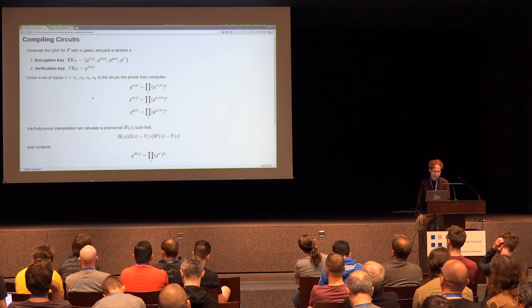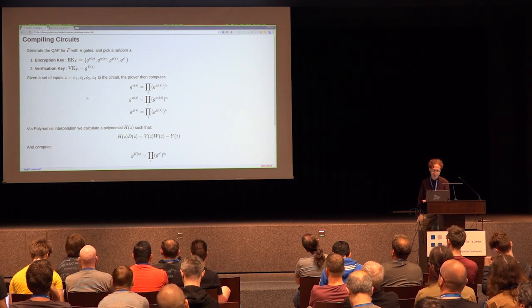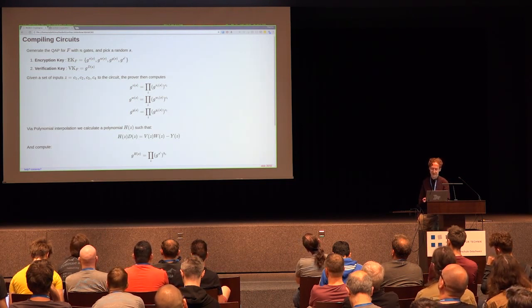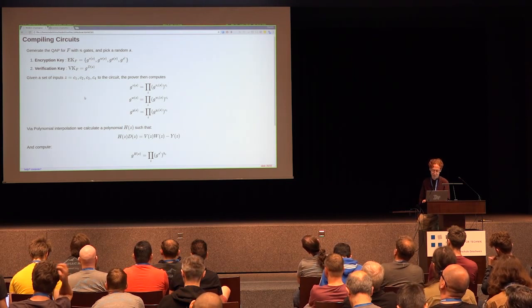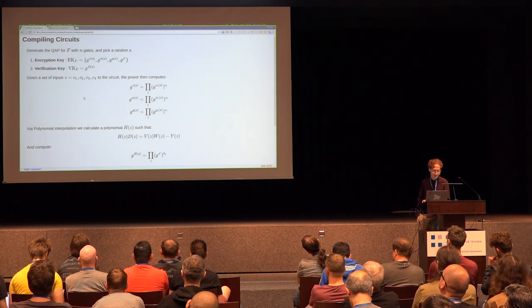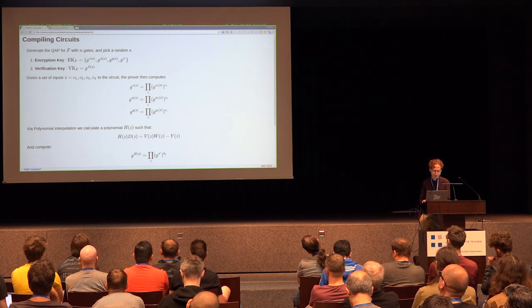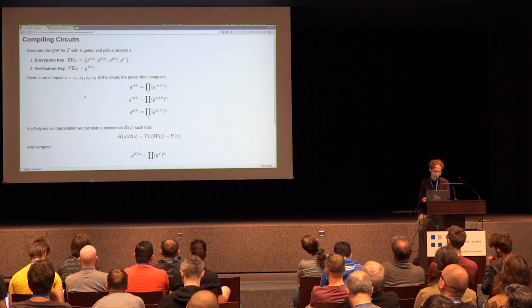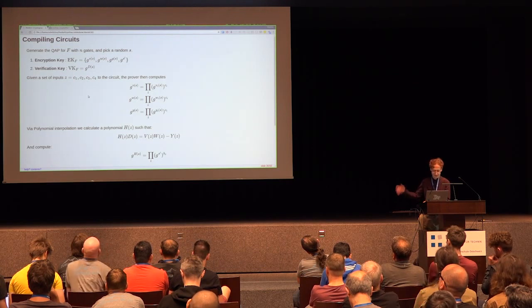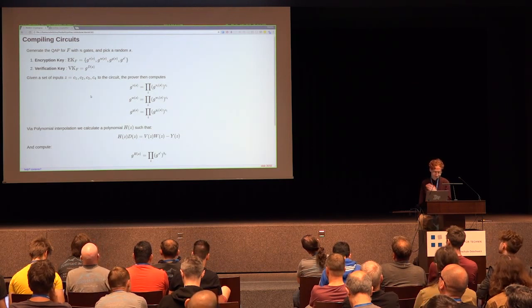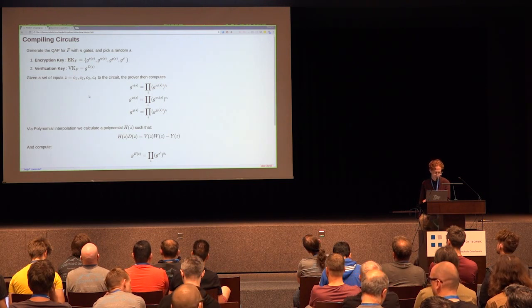Then we raise each of the polynomials for the circuit, evaluated at that single point, to the group element, and produce the 4-tuple, which is the encryption key. Then we produce a verification key, which is the polynomial for the D that we constructed in the last slide, raised to the group generator.